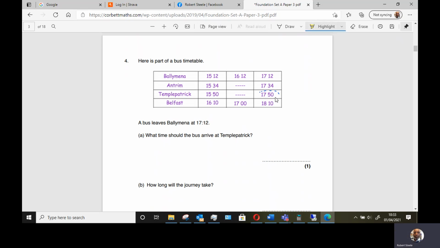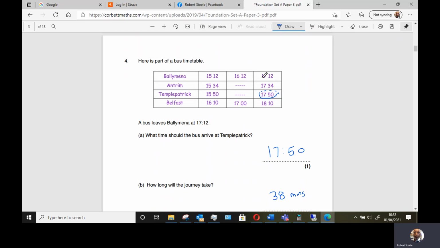Okay, just trying to highlight that, but it's not working. 1750. So that's that. From 17:12, that's 38 minutes. That's just the 50 minus the 12.